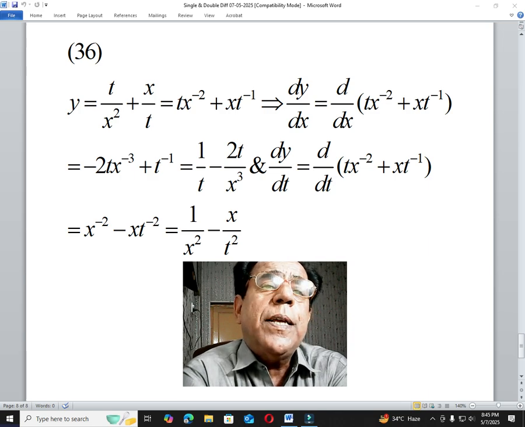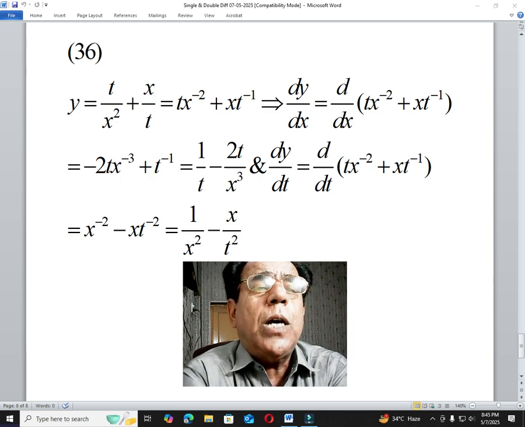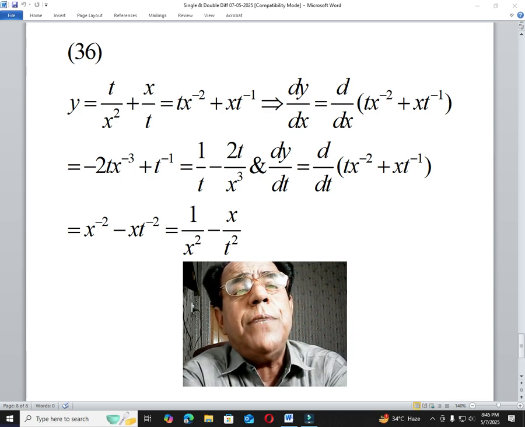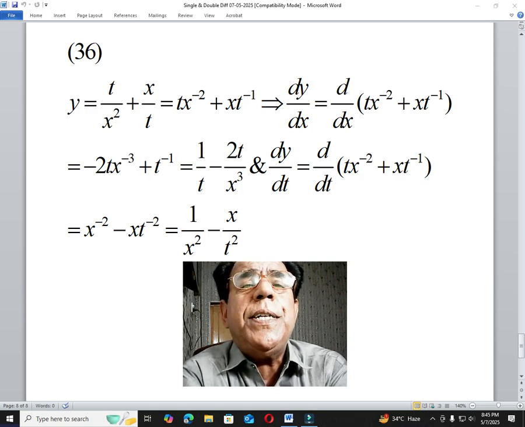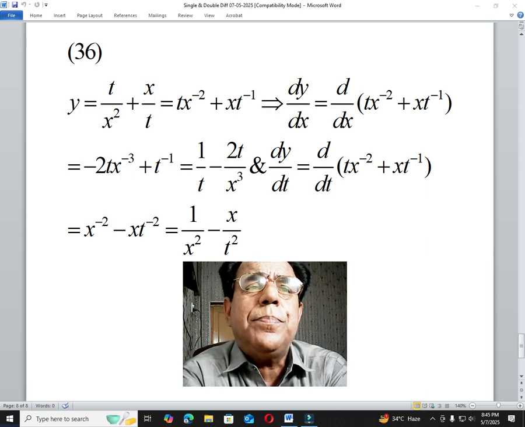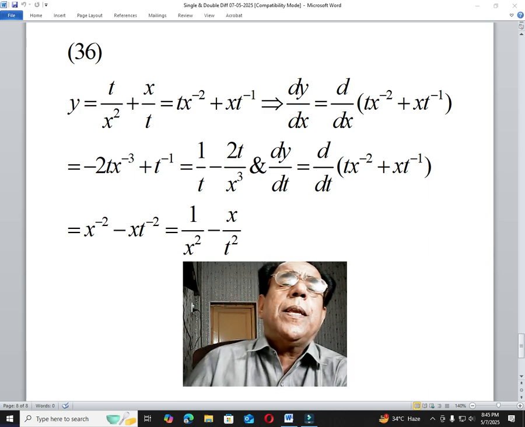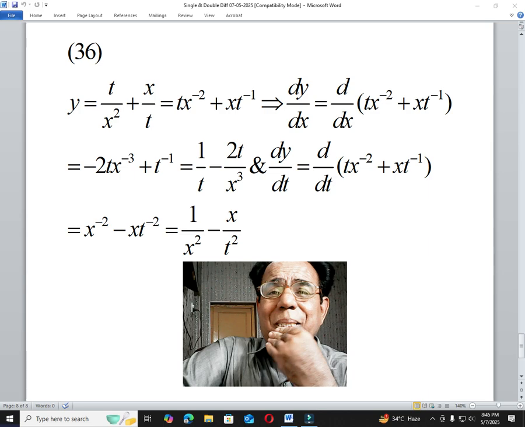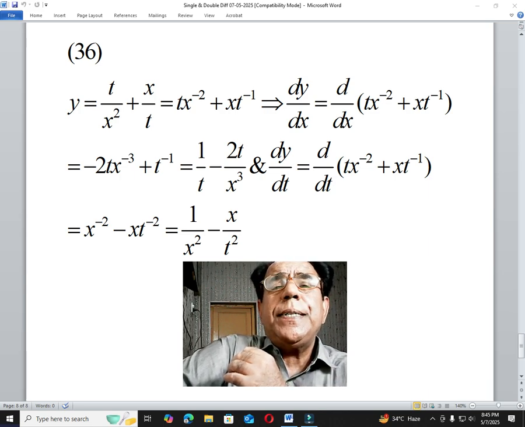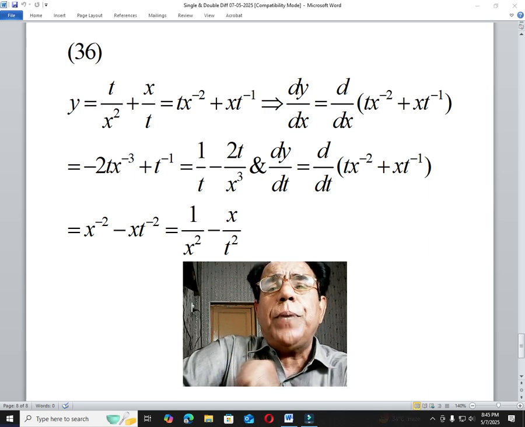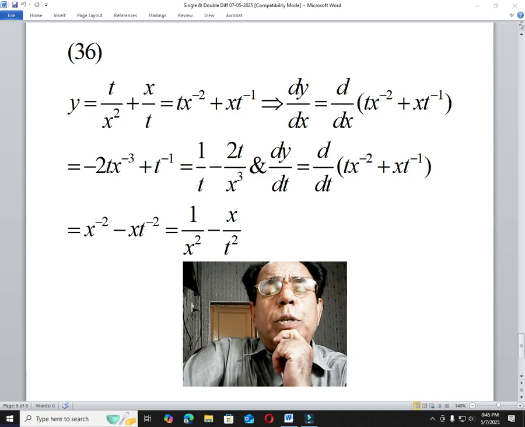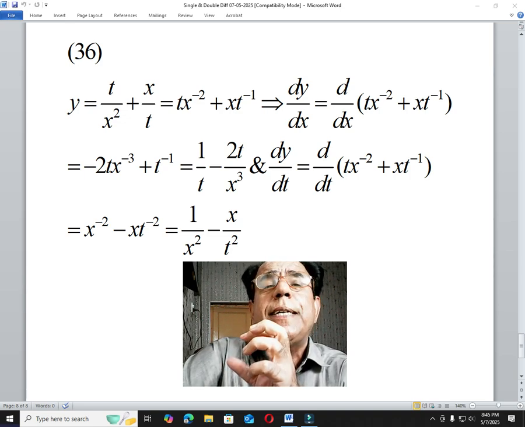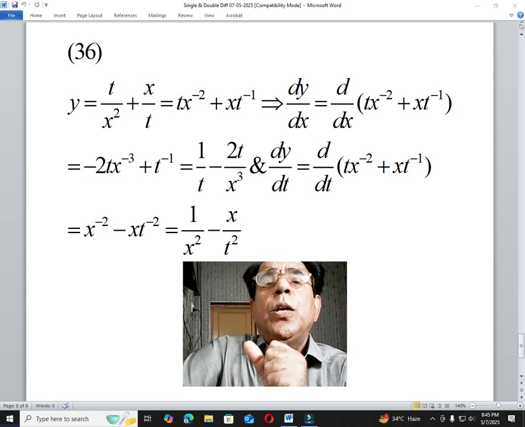Okay, so here one part of the problem is solved, and now we are going to solve dy by dt. While finding dy by dt, we will have d over dt into the whole function as given in the previous part. Okay, d over dt of tx raised to the power minus 2 plus xt raised to power minus 1. Okay, because here we are going to differentiate with respect to t.